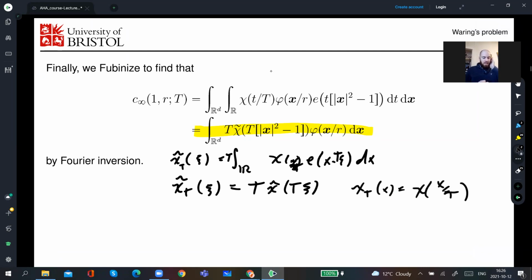And now integrating over it also picks out the value x squared minus 1.